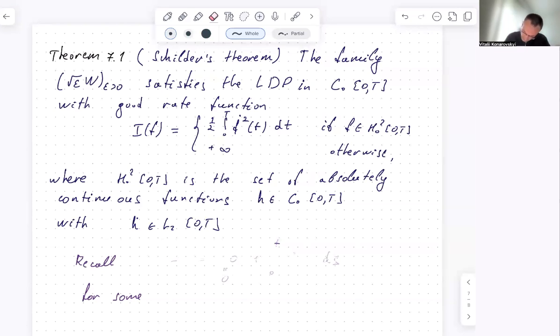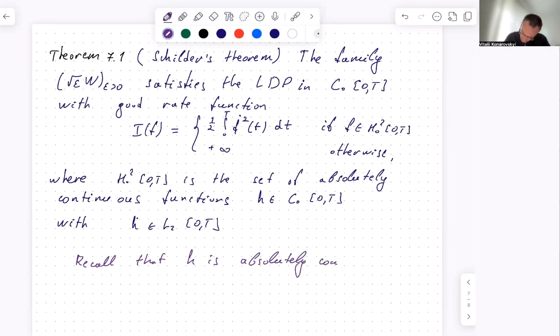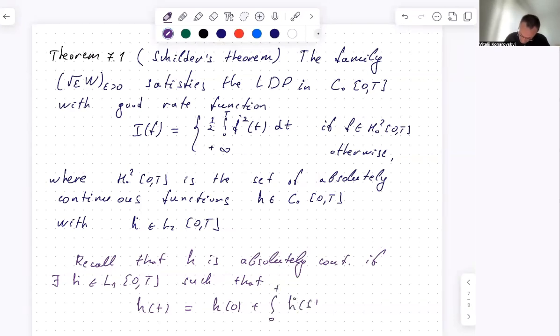So recall that h is absolutely continuous if there exists a function h dot from L1 [0,T] such that you can write that function h at time t as h of 0 plus integral from 0 to t of h dot of s ds.